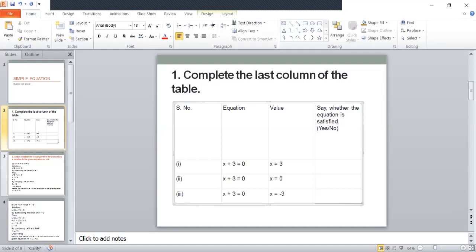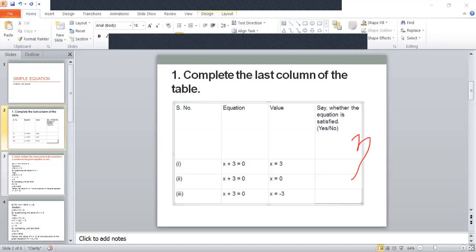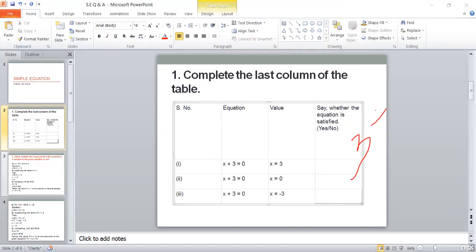We get 3 plus 3, and generally we know 3 plus 3 is equal to 6.